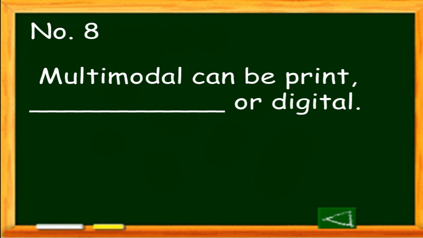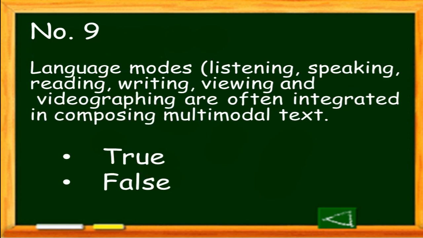Number 8. Multimodal can be print, blank, or digital. Provide your answer. Number 9. Language modes: listening, speaking, reading, writing, viewing, and videographing are often integrated in composing multimodal text.